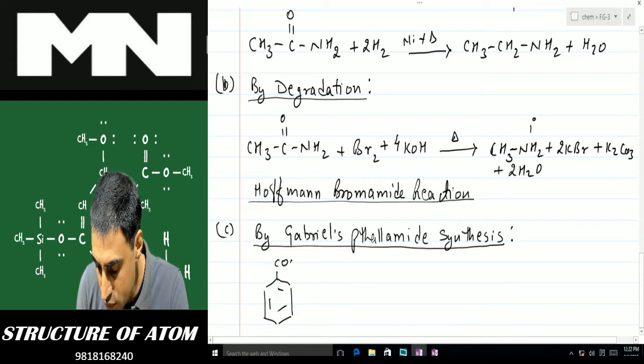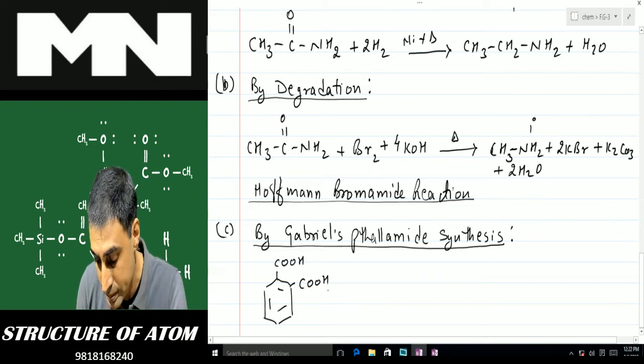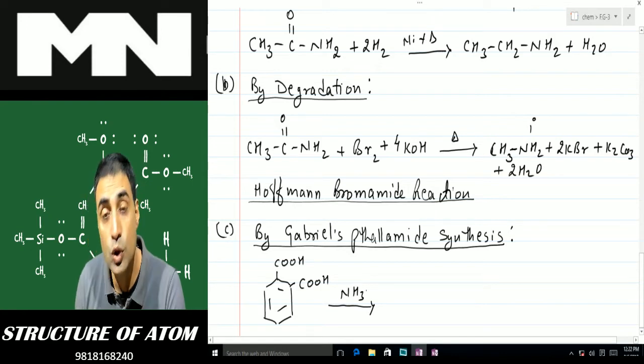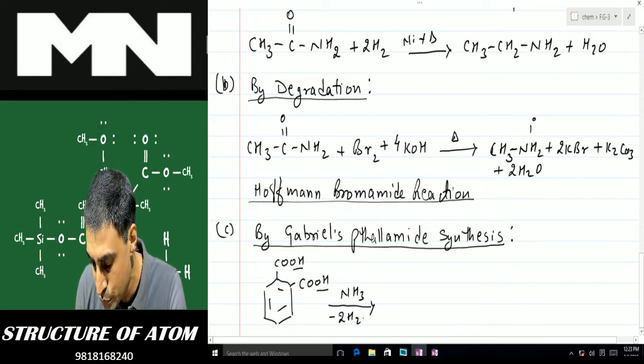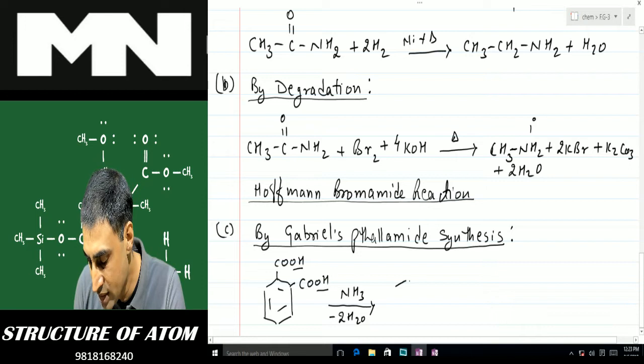So here I have COOH, and here again I have COOH. If I react this compound with ammonia, 2 hydrogens from ammonia and 2 OH groups from the carboxyl groups will come out as 2H2O. And I will get a compound like this.